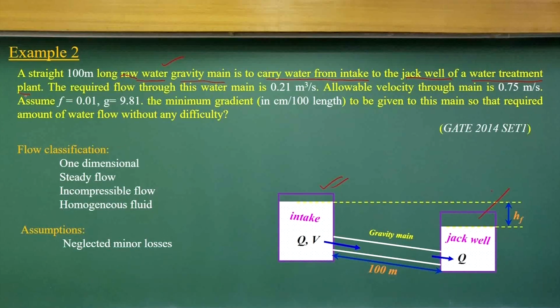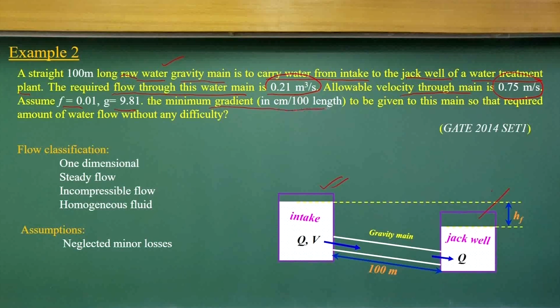Basically there is an intake, which takes the water from the river or groundwater and sends it to a well, called the jack well, where basic screening and other things are done, and then it goes to the water treatment plant. The required flow through the water main is given to us. The allowable velocity is given as 0.75 meter per second, F is given, and g is given to us.